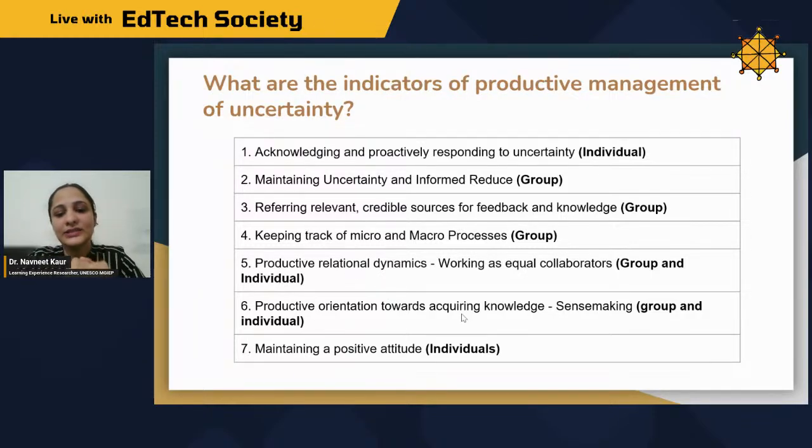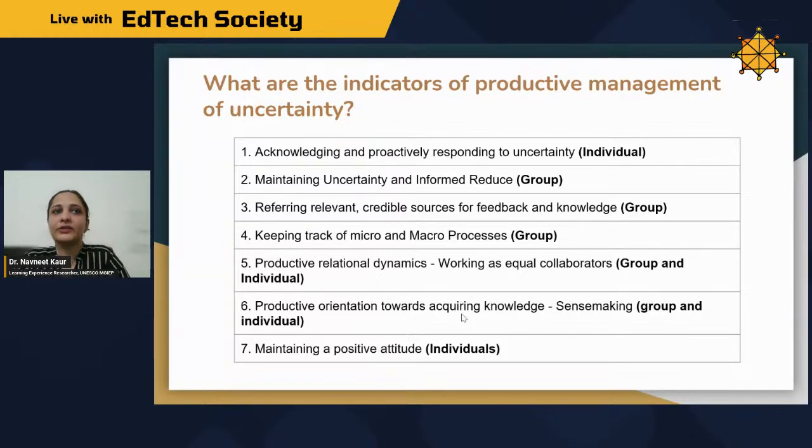How can you say, while looking at the behaviors and activities happening in a classroom, that students are managing the uncertainties well? These behaviors and actions can be viewed at both individual and group level. So you can pay attention to individual learners, and you might find the indicators that can hint towards productive management.